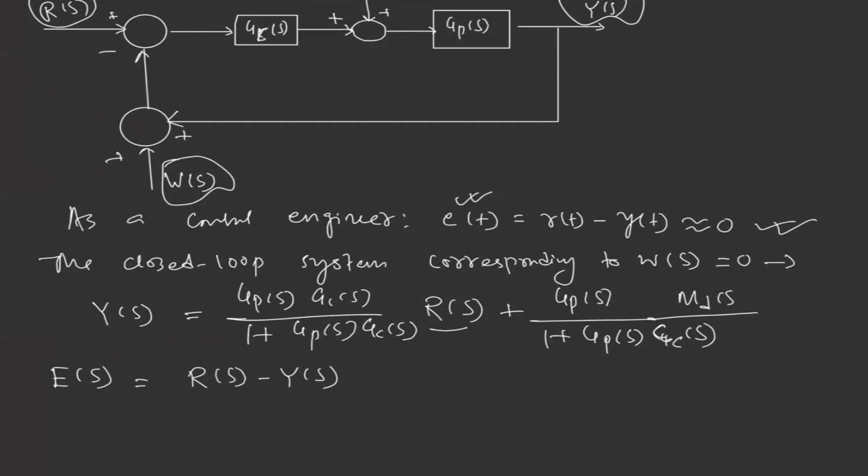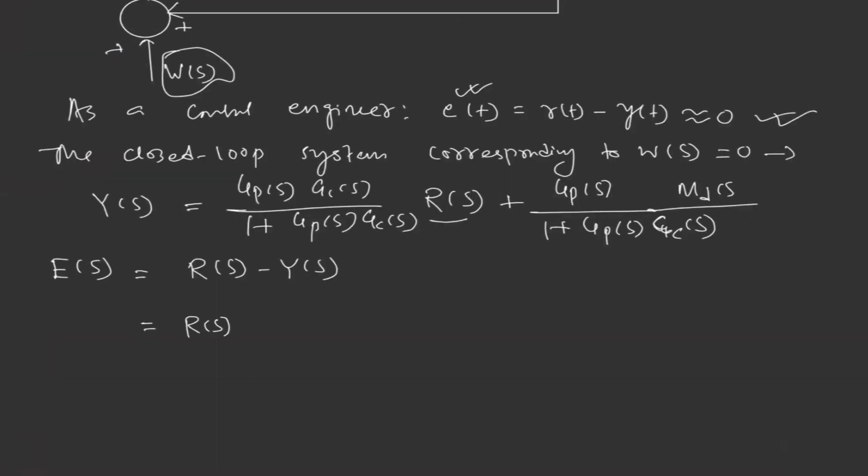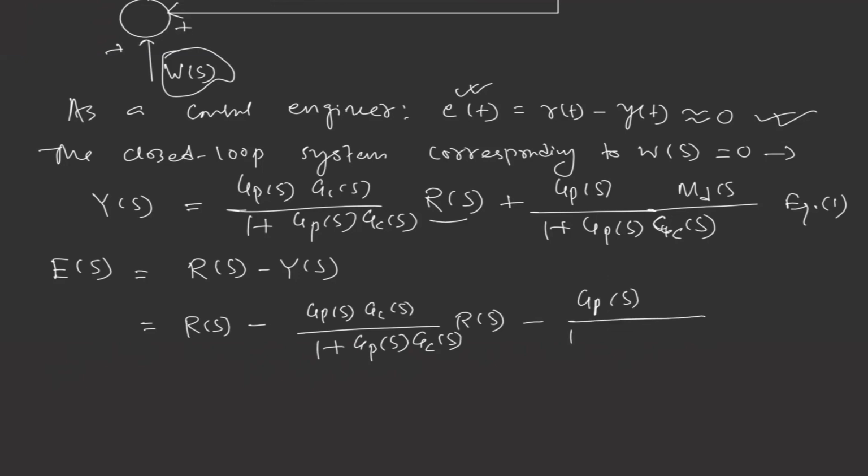Or we can further write RS minus, if we substitute equation number 1 in place of YS, GP of S, GC of S over 1 plus GP of S, GC of S, RS, minus GP of S over 1 plus GP of S, GC of S, MDS.